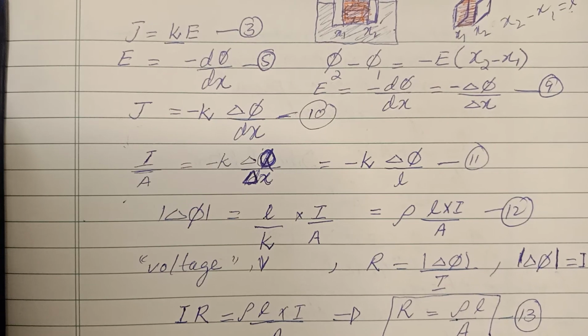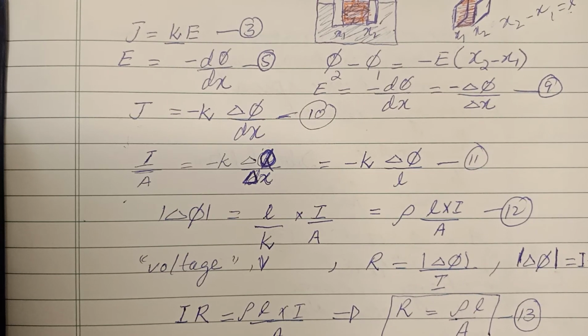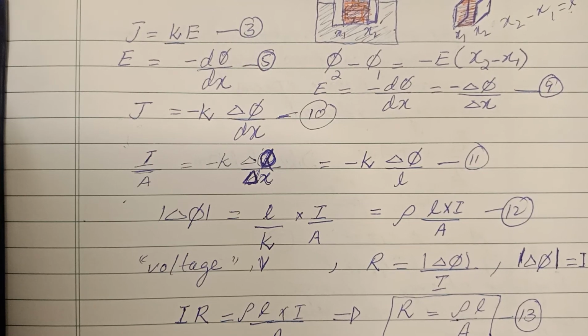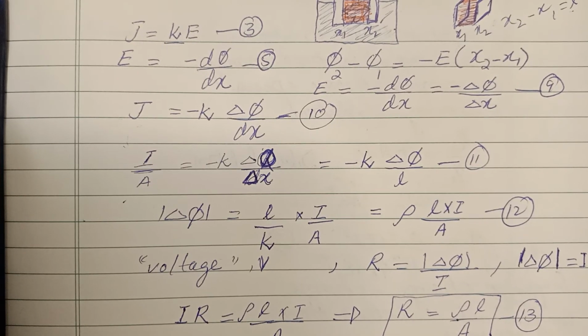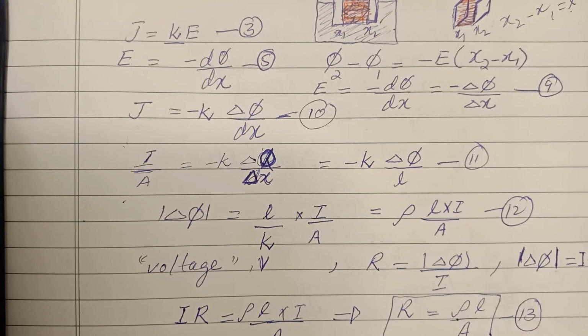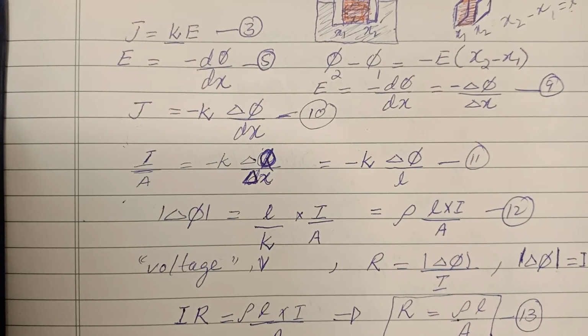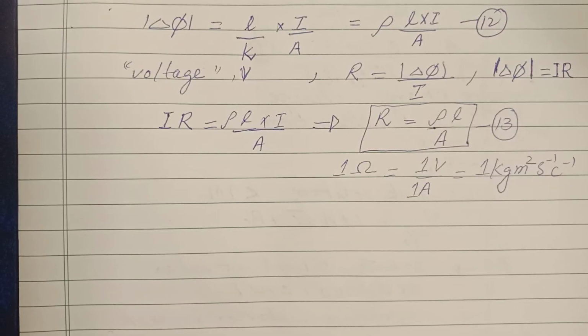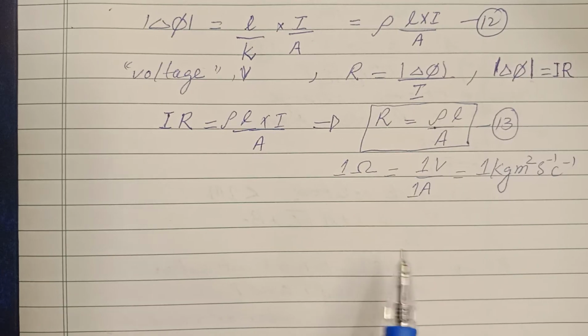The unit of electrical resistance is ohm, which is expressed as 1 volt over 1 ampere. So that is actually equal to 1 kilogram meter square per second per coulomb square, which is given here.